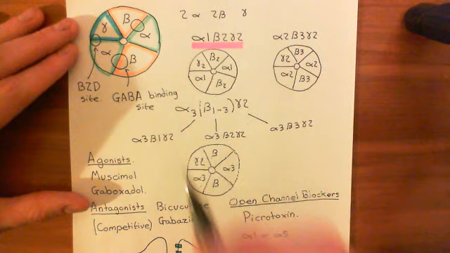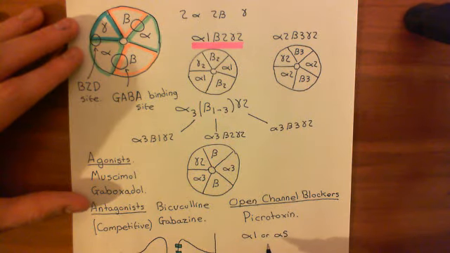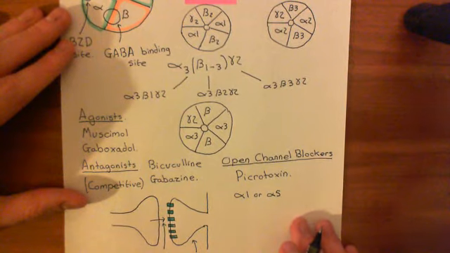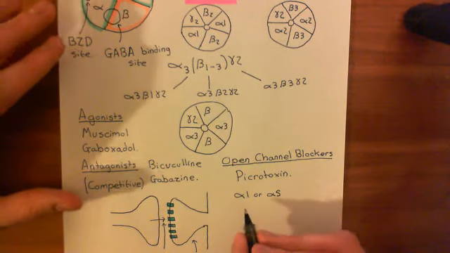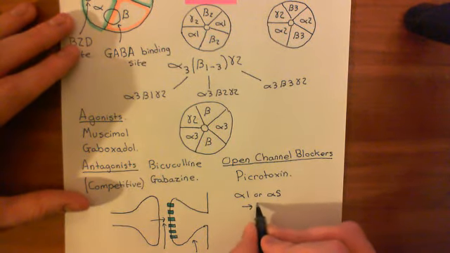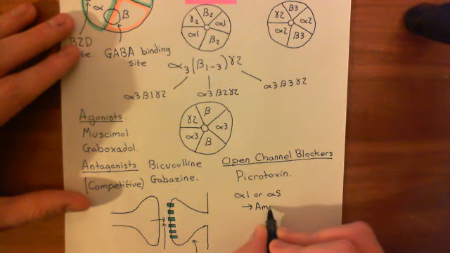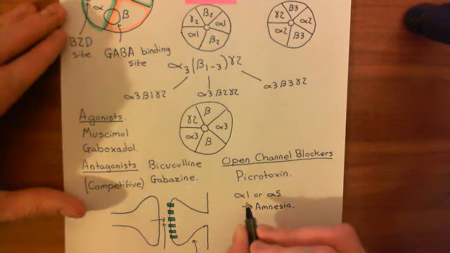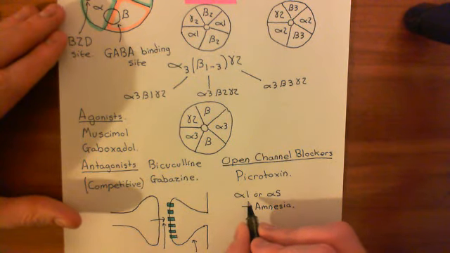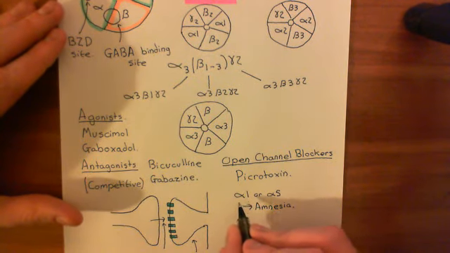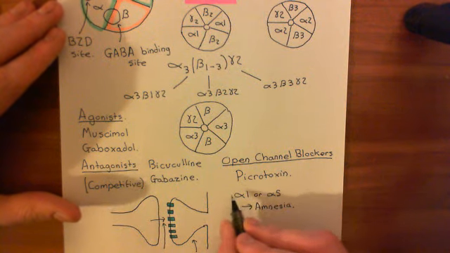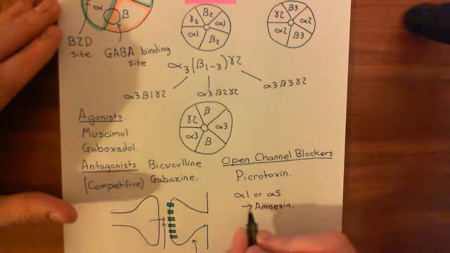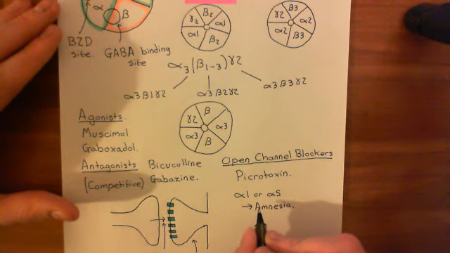These seem to be involved in producing sedation and amnesia, specifically amnesia. If you increase the activity of GABA-A receptors with these alpha-1 or alpha-5 subunits, then you promote amnesia.